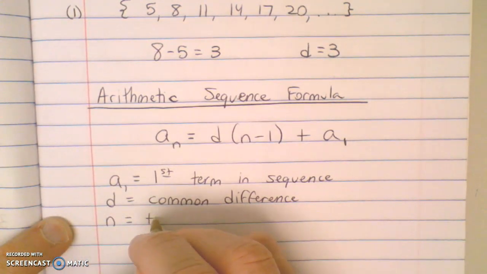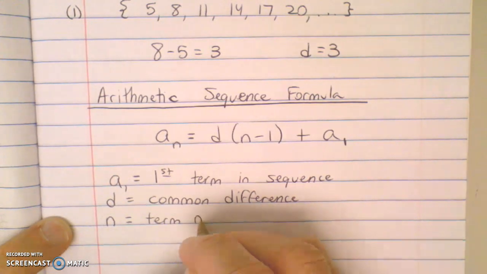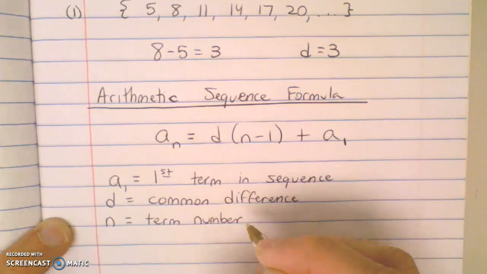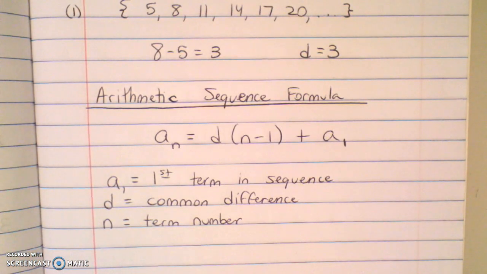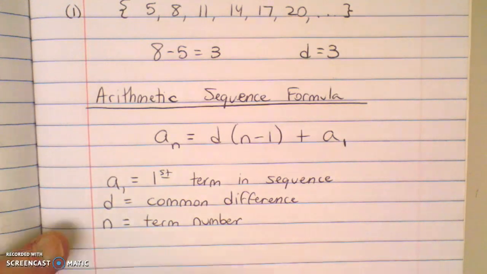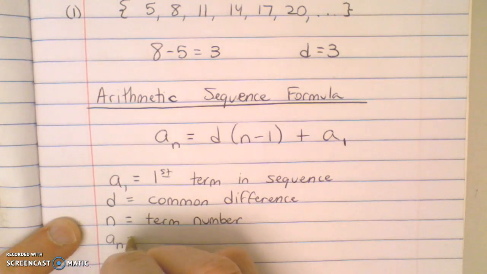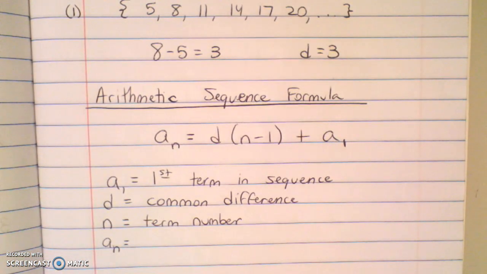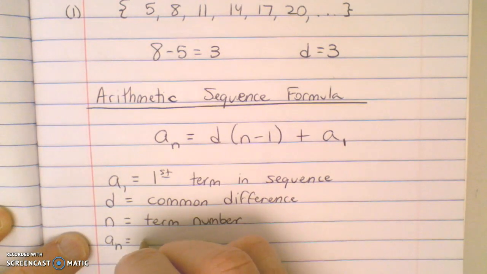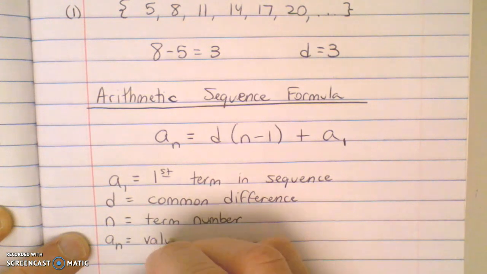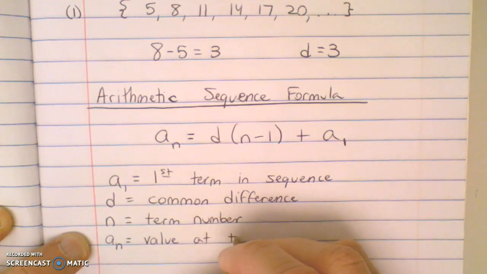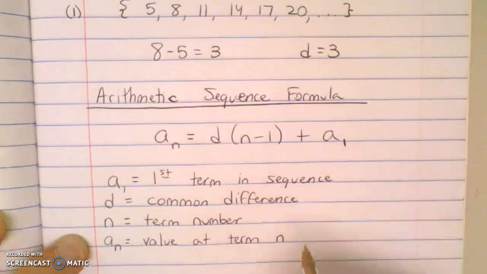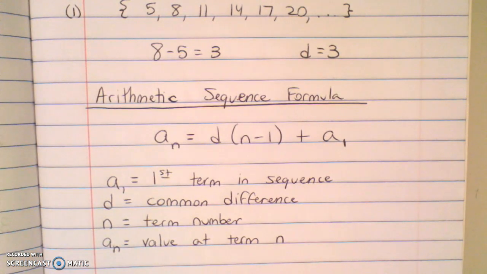N is the term number that you're referring to. So like, is it the first term, the second term, the third term? N represents that number. And then a sub n just tells you what that number is for that term. So the value at term n. So at the third term, what is the number in your sequence?